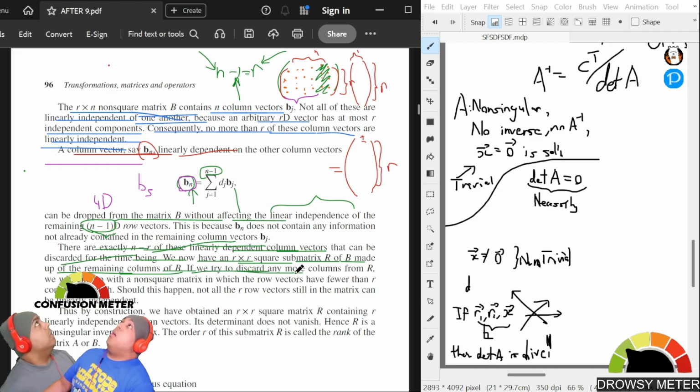If we try to discard any more, we'll end up with a non-square matrix in which row vectors have fewer than r components each. Should this happen, not all the r row vectors in the matrix can be linearly independent.